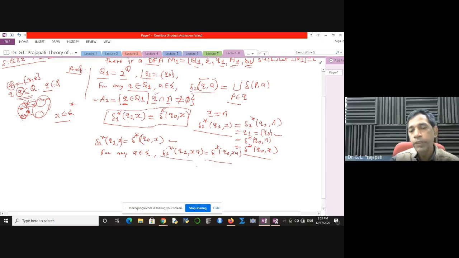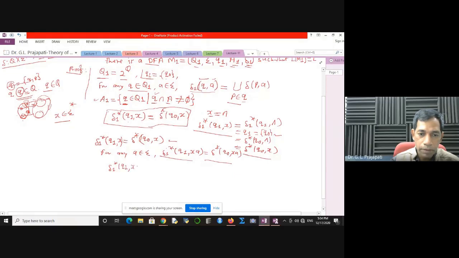So by induction, for x equal to null, you have seen that this condition holds. Then we need to take bigger strings, so xa, where a is some input from sigma. This should also hold, and you need to prove it. How can you show this?